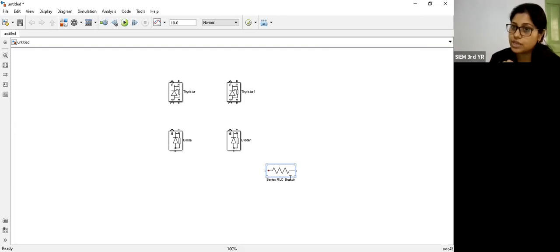Because we want to connect a resistive load, I am choosing purely resistance, capital R. So control R.